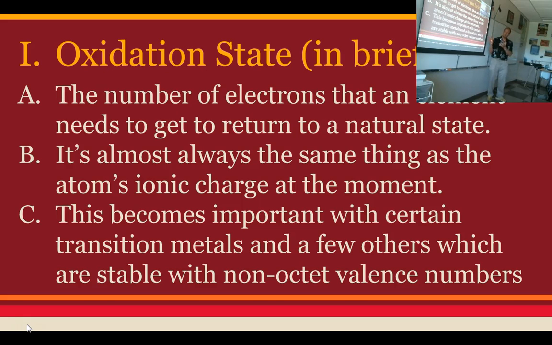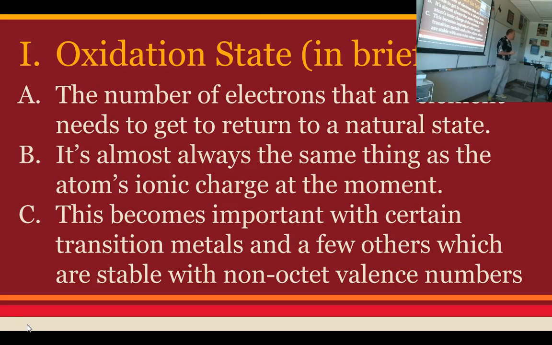So when fluorine gets one more electron, we can ask the question, how many more electrons does that fluorine atom need to go back to being neutral? Well, it needs to lose the one it got to go back to being neutral. So it needs -1 electrons to go back to its natural state. So its oxidation number is -1.